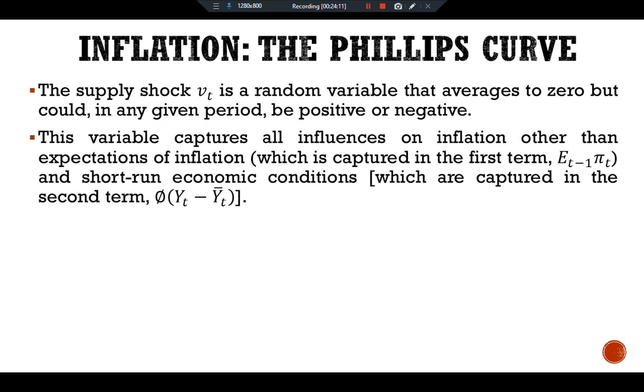This variable captures all influences on inflation other than expectations of inflation, which is captured in the first term, Et minus 1 pi t, and the short run economic conditions, which are compared in the second term, that is phi into yt minus y over bar t.